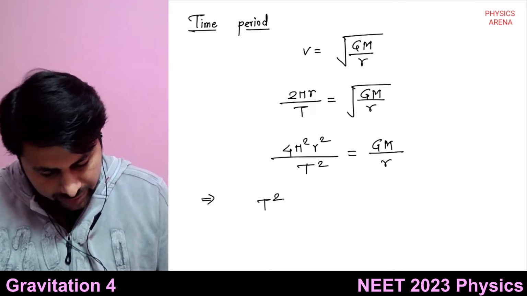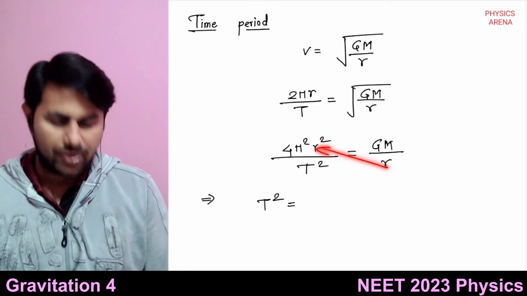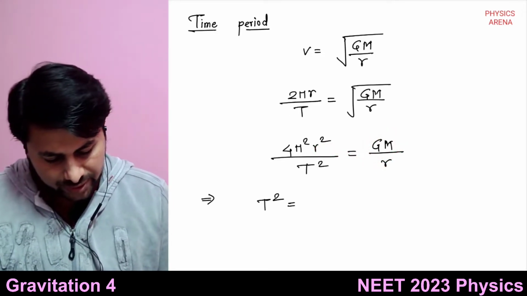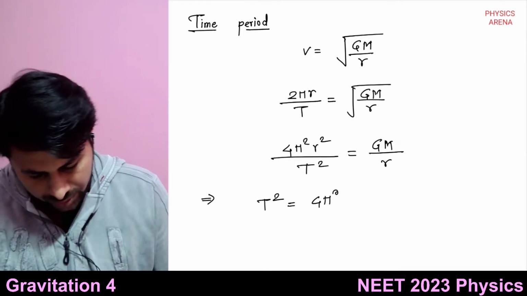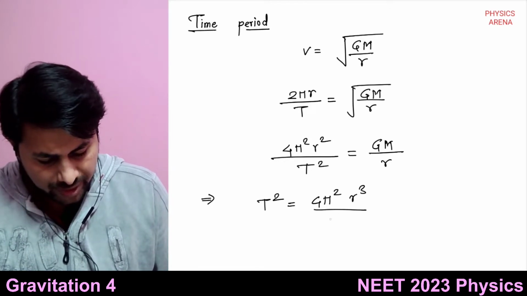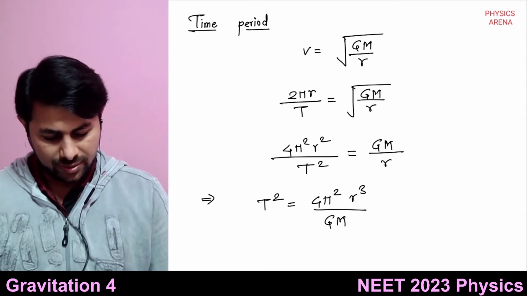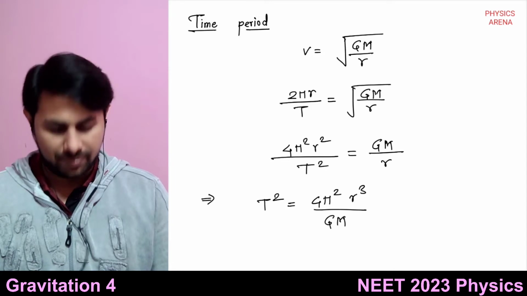We take that r on this side and GM also on this side. We get T square is equal to 4 pi square r cube divided by GM.